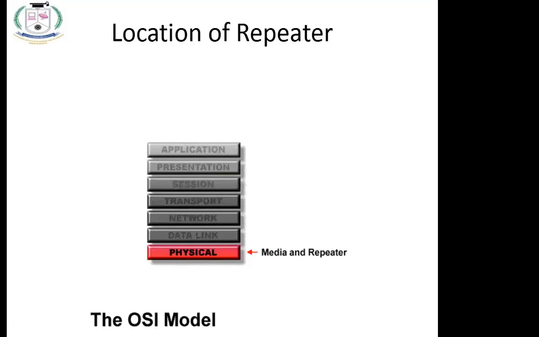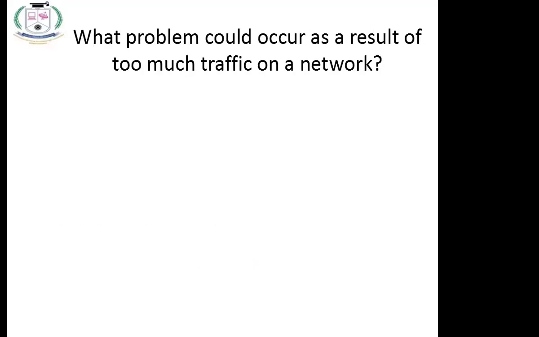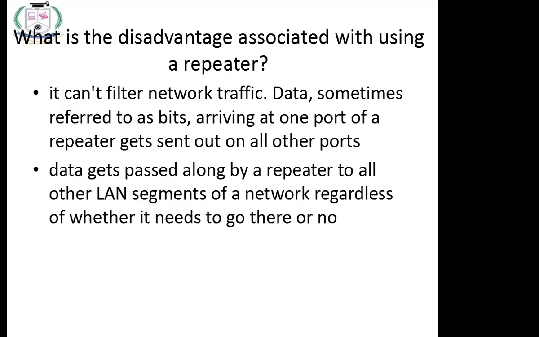Already we have seen that repeaters are responsible for transfer of data in the physical medium. So what is the main problem associated with the repeater? The first problem is that it's not possible for the repeater to control the traffic. As I told you, whatever bits or data it gets at the input, it will send out to all the connected devices.